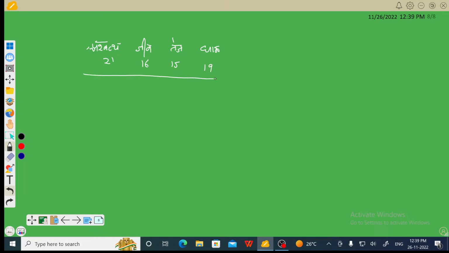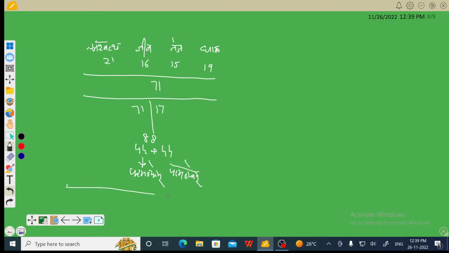These values together make it 71, and 71 makes a reflection pair with 70. These together make 88. It is 44 plus 44, and it is a paramvyom, a transcendental space. So paramvyom is interacting with itself, and it is this self-interaction of the paramvyom which is the enlightenment.